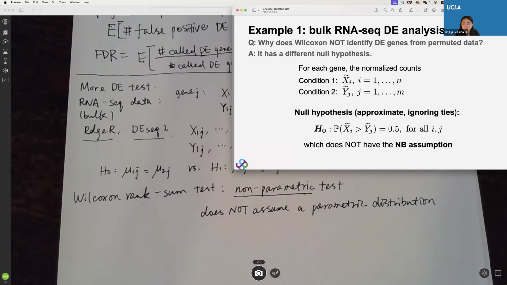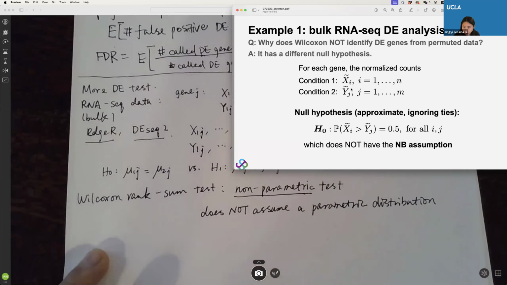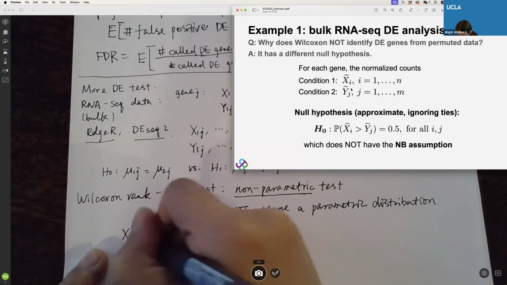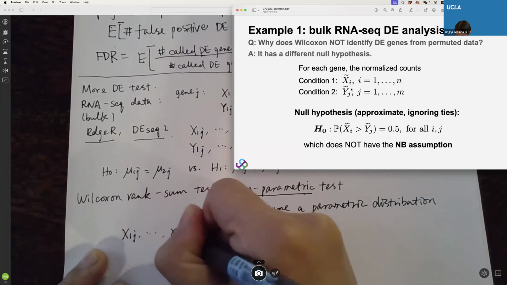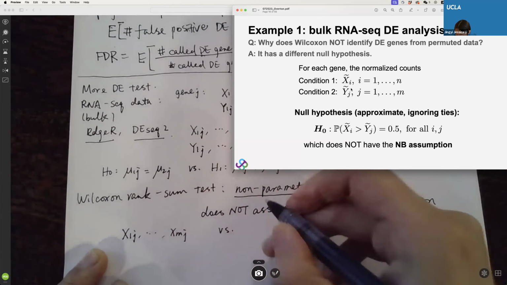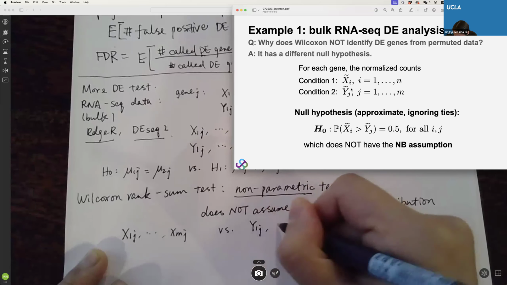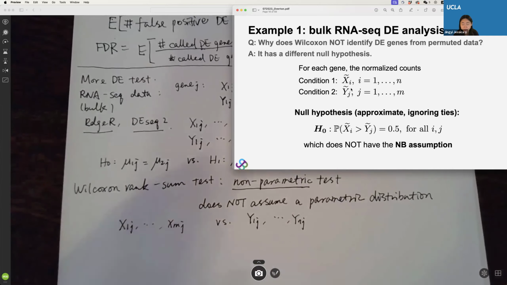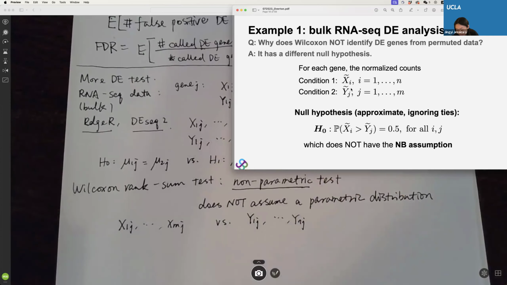Instead, what's its null hypothesis? Suppose that you have two sets of values, right? Let me just write here, following our notation. So if we are comparing x1j to xmj versus y1j to ynj, two sets of numbers, to see if there are any systematic differences, and we don't want to assume a distribution for each one, then its null hypothesis is basically what's here.